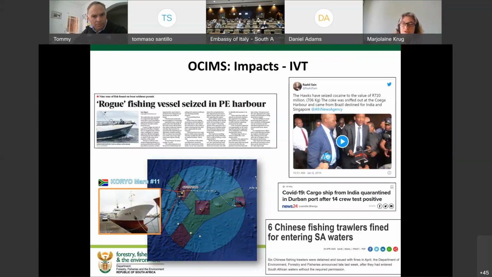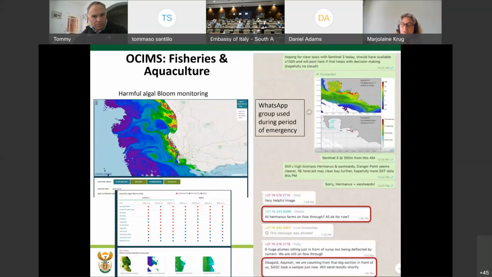Now moving on a little bit further away to other things that we do, we also have used satellite data extensively to support fisheries and aquaculture. In particular, we've got a tool based on the Sentinel-1 data that looks at harmful algal blooms and provides alerts to stakeholders, and also a dashboard to highlight regions around the coastline that are at high risk of algal blooms and that should be monitored closely.